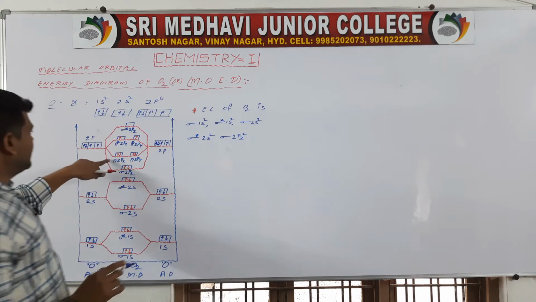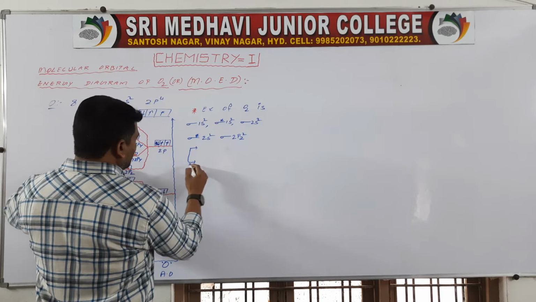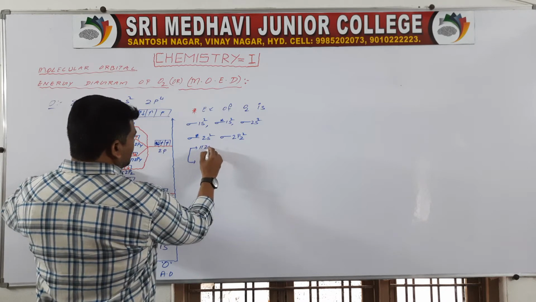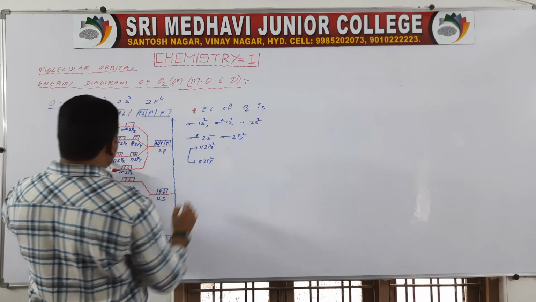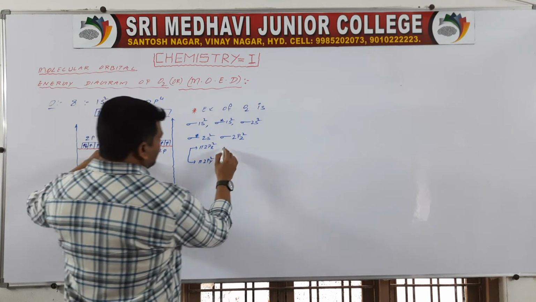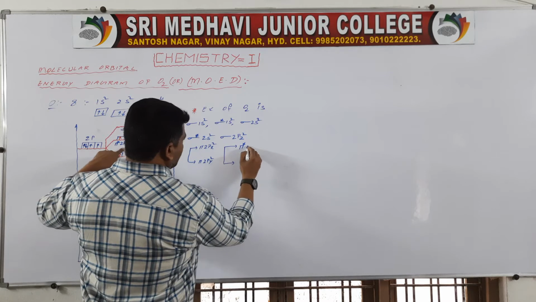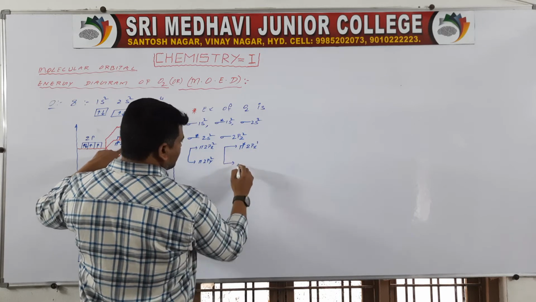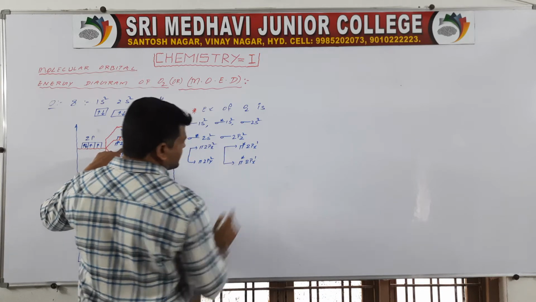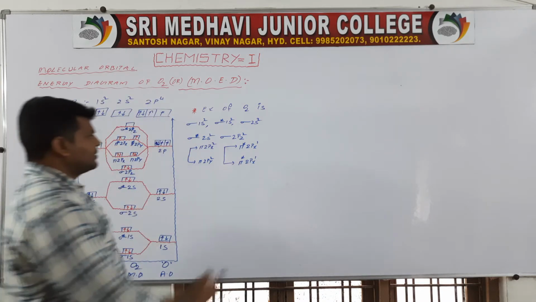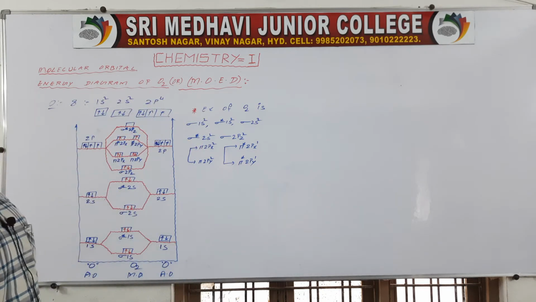Then these two are degenerate orbitals having similar energy: pi 2px2, pi 2py2. Then pi star 2px1, then pi star 2py1.